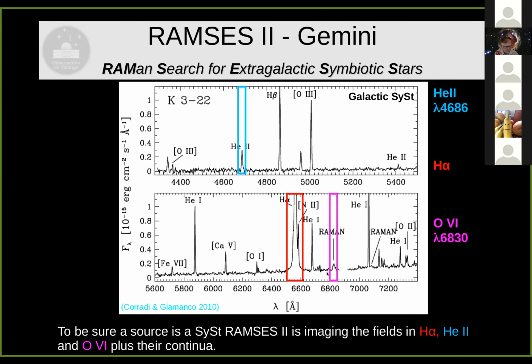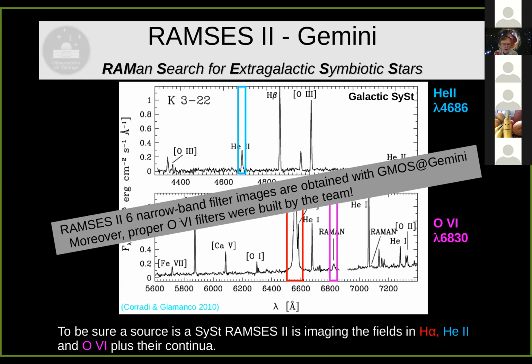And as the continuum of symbiotic stars in this region of the Raman O VI is not always well behaved, in the sense that sometimes it's flat and sometimes there are absorption bands of the cool star, false positives are not rare events. So we really do need to see the highly ionized gas in the other part of the spectrum.